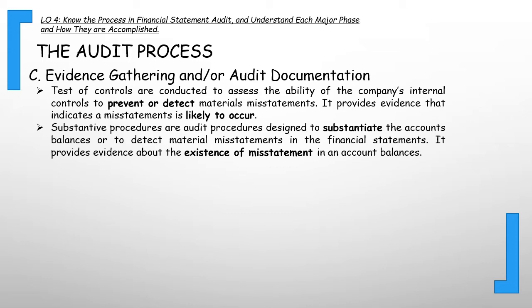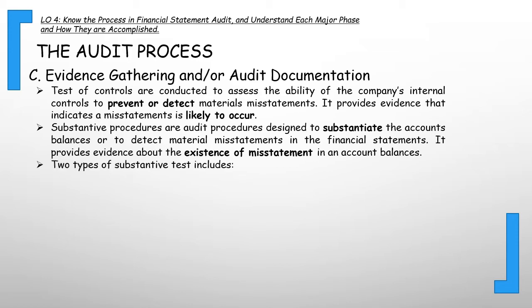Okay, so, yun yung dalawang way natin to gather evidence, yung test of controls and substantive procedures. So, depende sa result ng test of controls yung gagawin nating substantive procedures. Na-discuss na ito naman sa auditing theory na, so bali nire-review lang natin.